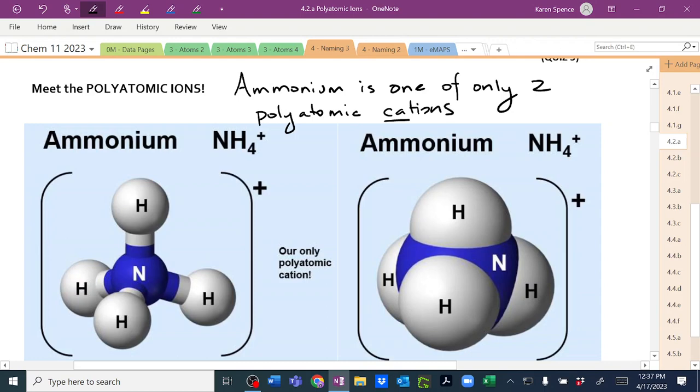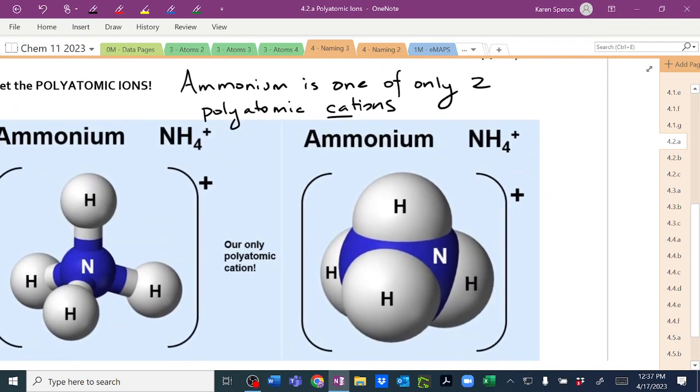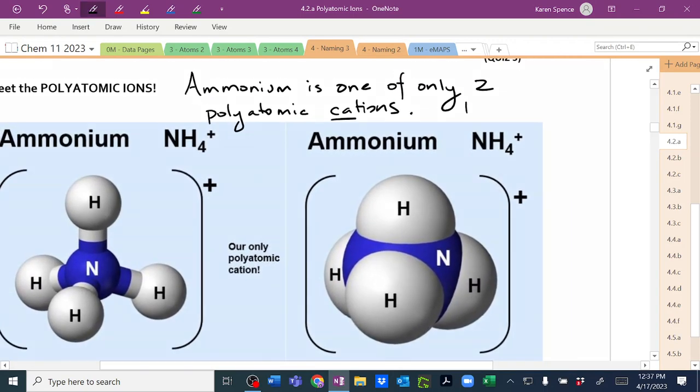Who is the other polyatomic cation? Please refer to your pink sheet. Who is the other one? Mercury, Hg 2+.